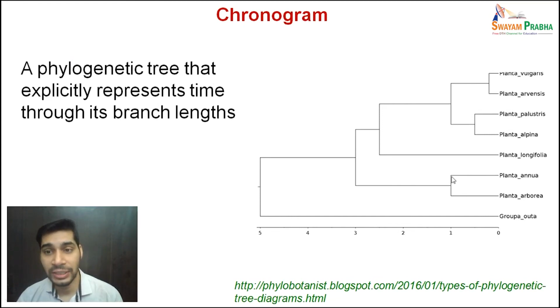So this location is at 1, this is 2, 3. Based on that, you can predict the relative time particularly when this divergence took place. So here you can get an idea about the amount of time that it has changed, and this is called a chronogram.